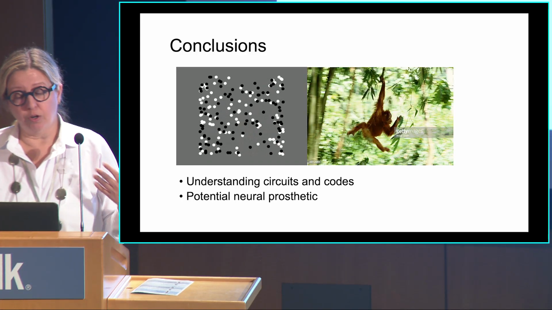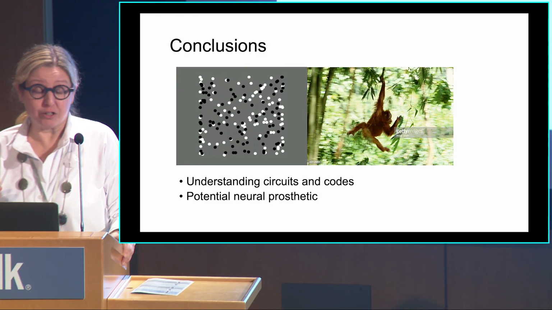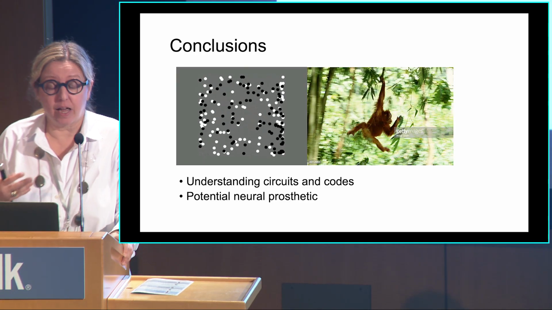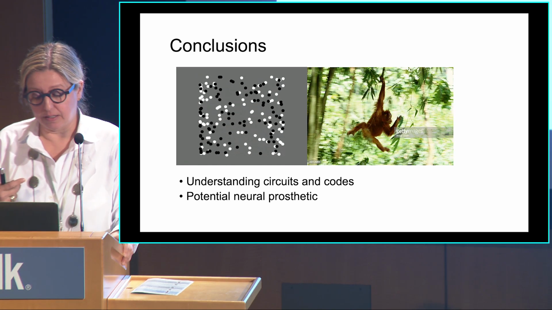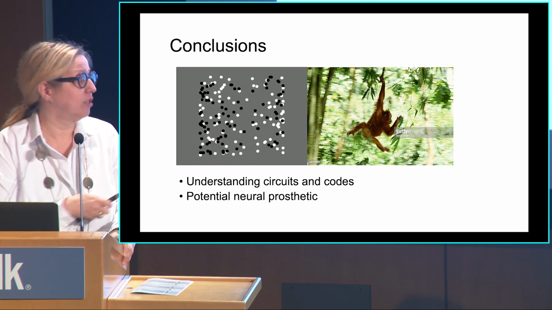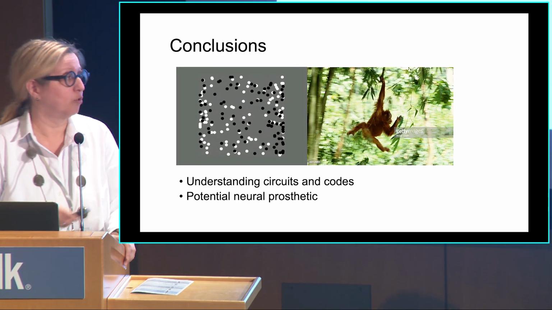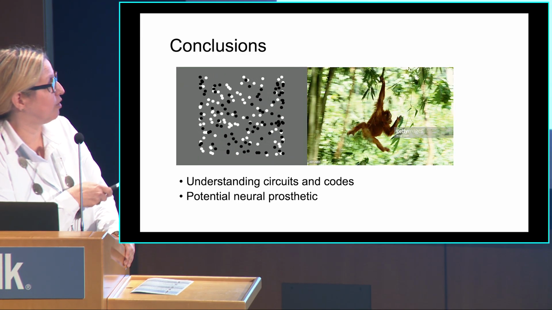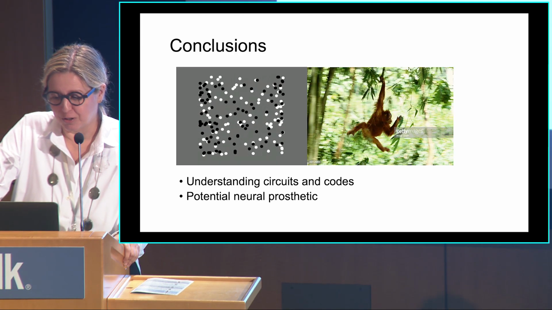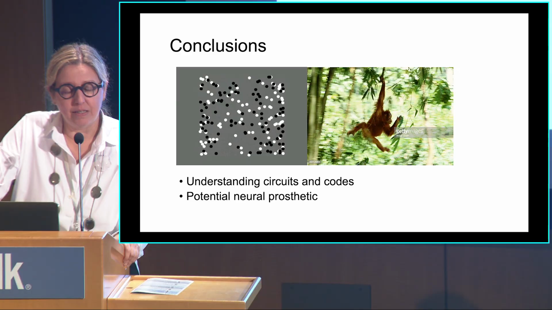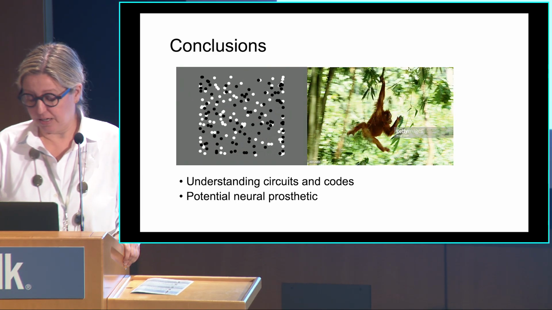So if we could learn to stimulate this, not only would we gain some insight into the circuits and codes that underlie our rich 3D motion perception and these objects, but also help us potentially generate neural prosthetics that allow us to navigate through space, potentially not swinging through the trees like the orangutan here, but that is a critical signal to move through any kind of dynamic space.